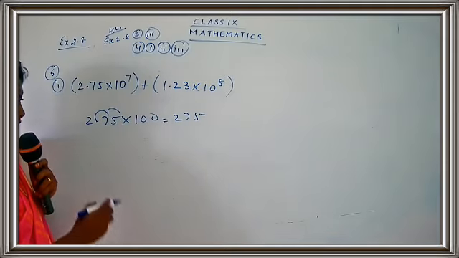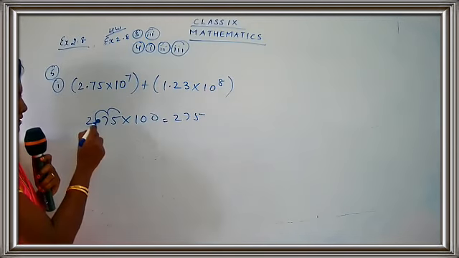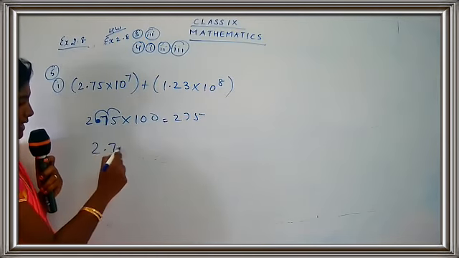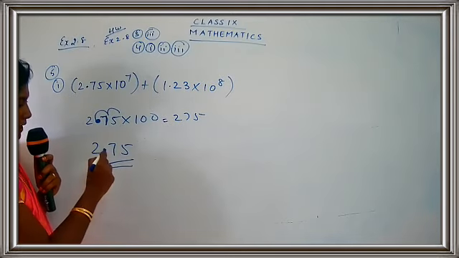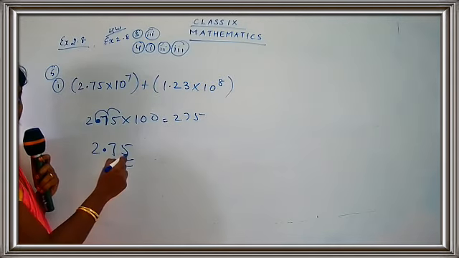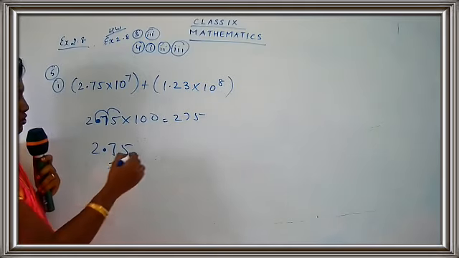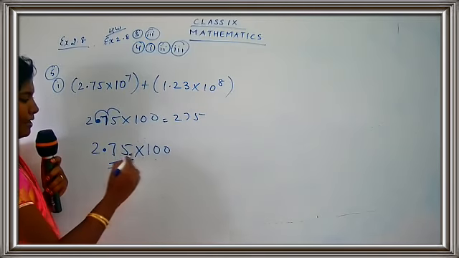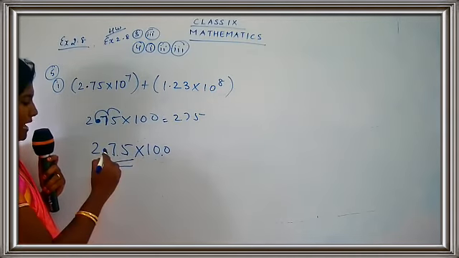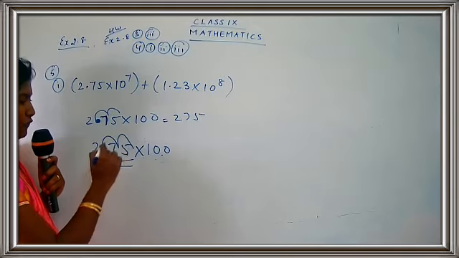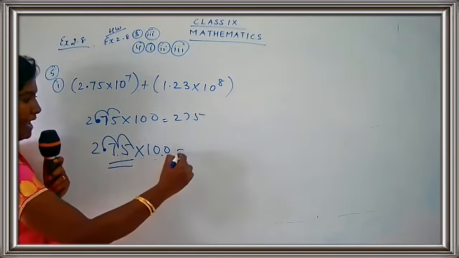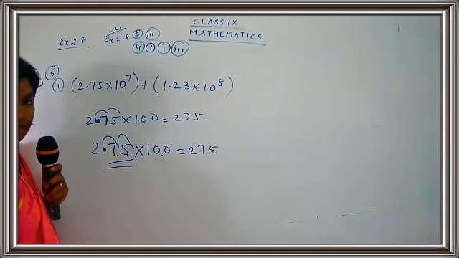You're getting my point? When you multiply a number, it's 2.75, I want to remove this decimal point. How many numbers are there after the decimal point? 2 numbers. So you have to multiply by 100, and the decimal point will shift 2 places to the right and you will get the answer as 275.